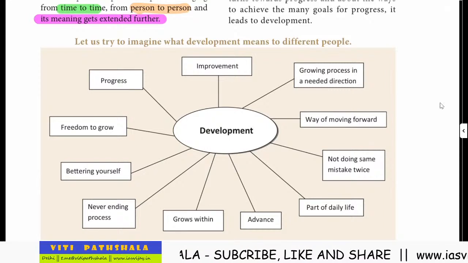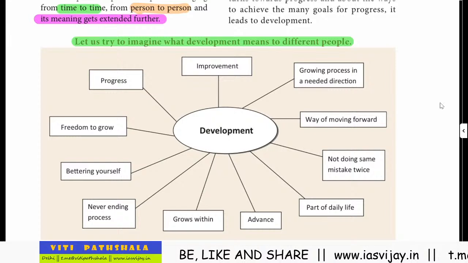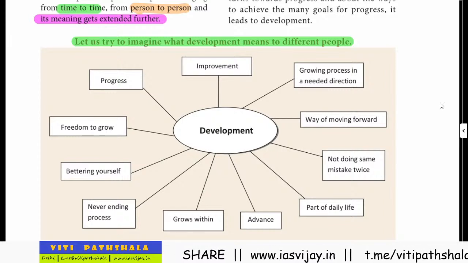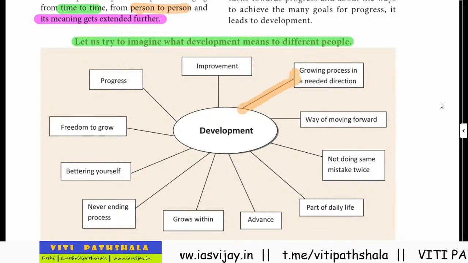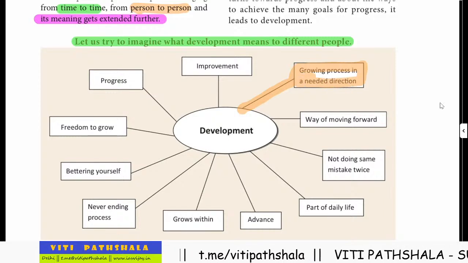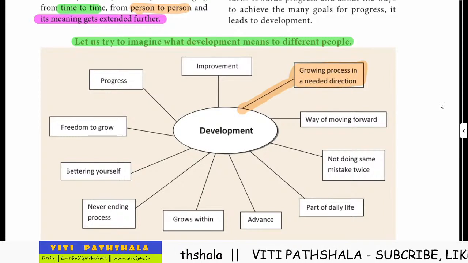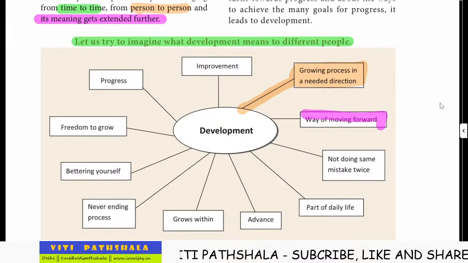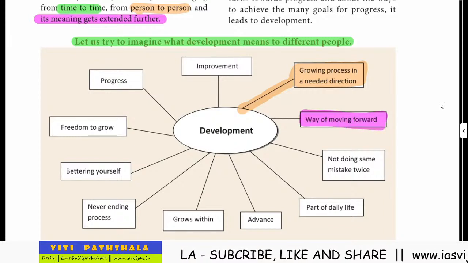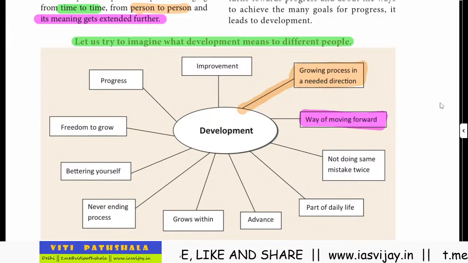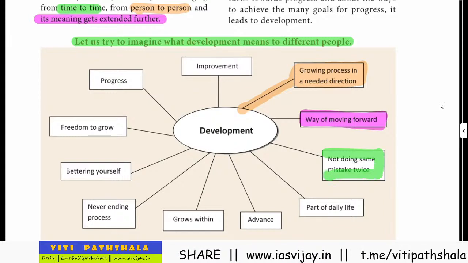So let us imagine what development means to different people. For some people, development can be growing progress in a needed direction. For some, it may be a way of moving forward. For some, it may be not doing the same mistake twice.